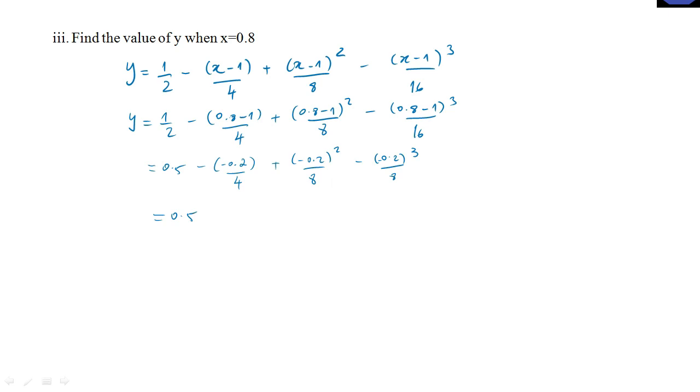So this gives me 0.5, plus 0.05, plus 0.005, and the minus just gives me a plus, this is 16, so plus 0.0005.